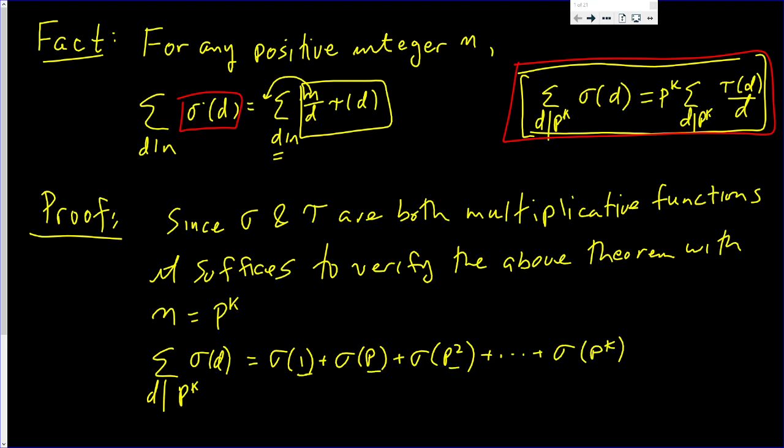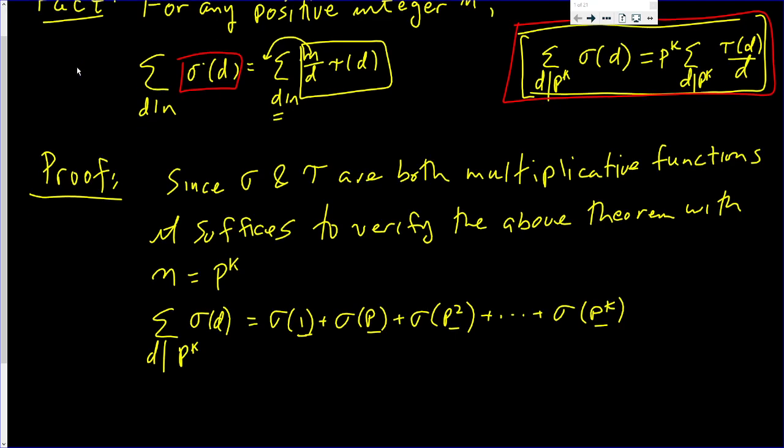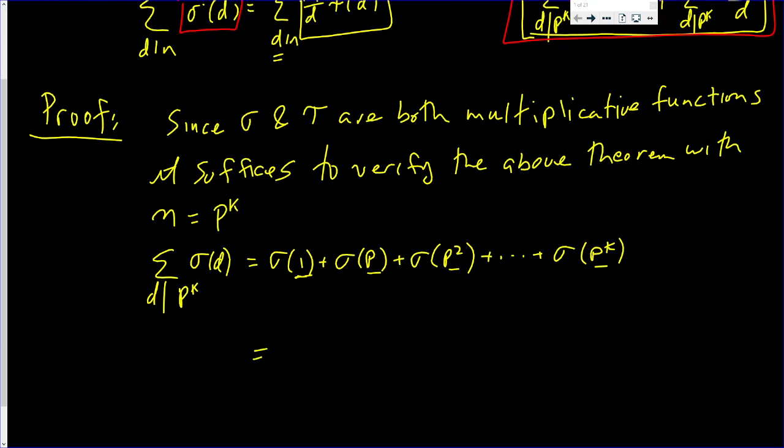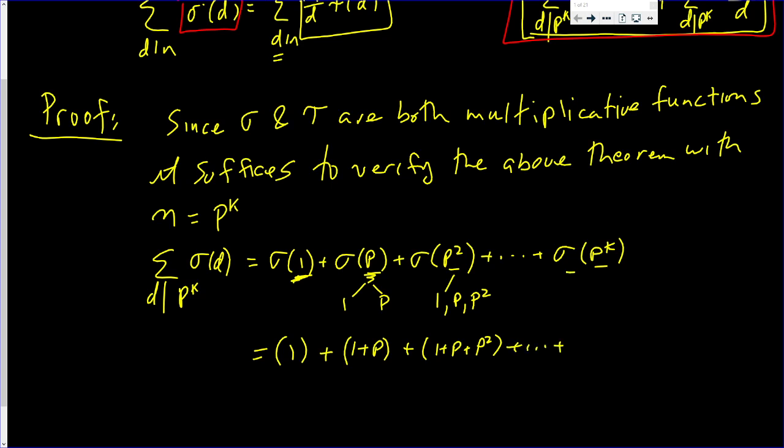These are all the divisors of p to the k. Sigma of 1 has one divisor, the number 1. Sigma of p has two divisors, 1 and p, so 1 plus p. Sigma of p squared has three divisors, 1, p and p squared, so it will be their sum.